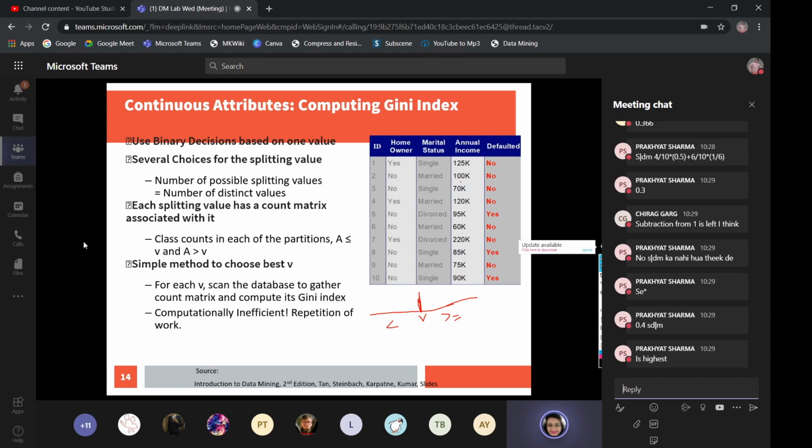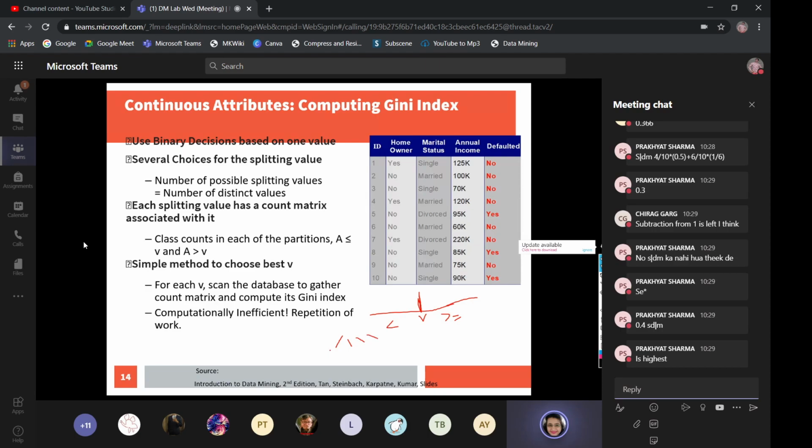हर एक का गिनी इंडेक्स कंप्यूट करो और जो मैक्सिमम गेन दे रहा है उसको आप चूज कर लो. तो मतलब अगर 125 जहां जहां पे भी आ रहा है और बाकी लोग बेसिकली हर पूरे डेटाबेस में हर वैल्यू का गिनी इंडेक्स यूजिंग मल्टीवे स्प्लिट आप कंप्यूट कर सकते हो.